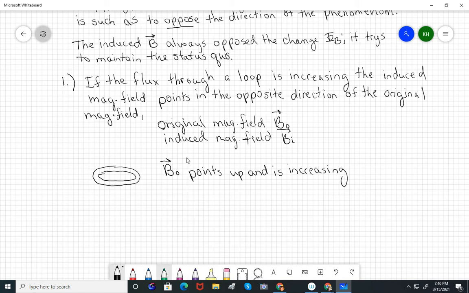That means this magnetic field starts out pointing up and it's getting bigger. Remember, you won't have a current unless there's a change, but there's a change in the magnetic field through this loop. That will induce a current. That means, and I'm going to draw this one in a totally different color, that BI will point down.